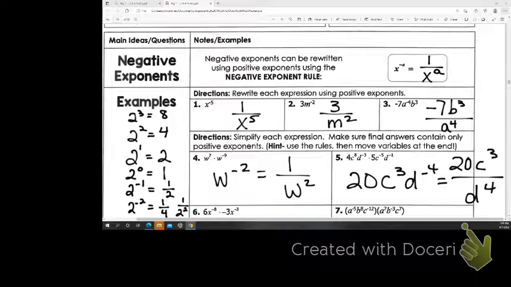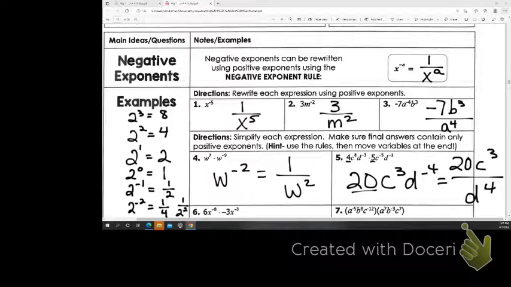So if we have operations, like where we add for product rule, we're still going to add. So I still added 7 plus negative 9 on number 4. I got negative 2, but I can't leave that final answer with a negative exponent, so then my final answer is 1 over w squared, with the w squared in the denominator. So same thing here. Remember that when you're adding, we're following those rules for adding and subtracting positives and negatives.